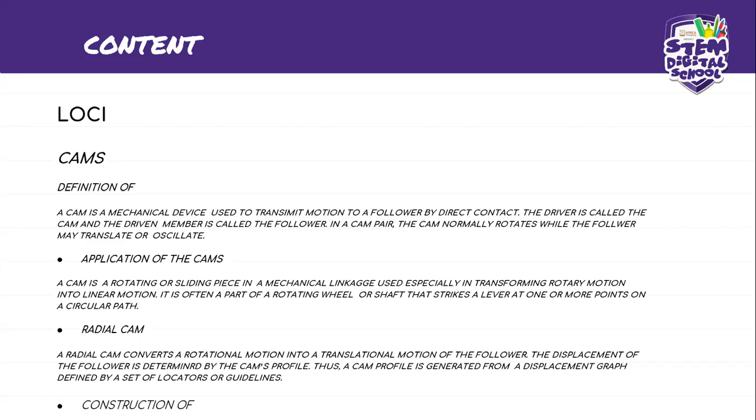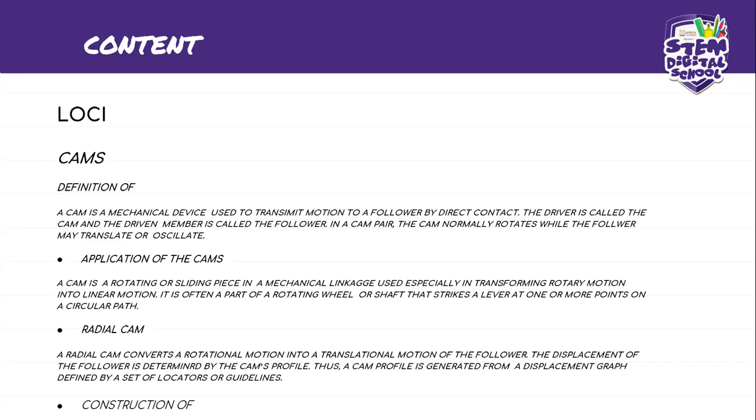A radial cam converts a rotational motion into a translational motion of the follower. The displacement of the follower is determined by the cam's profile. The profile here means the specifications or the guidelines that are required in order to come up with that displacement graph.